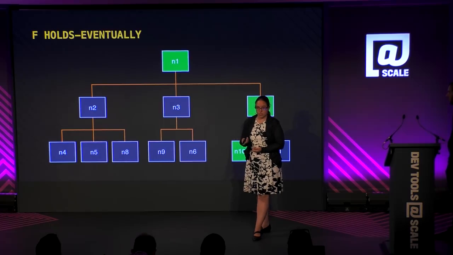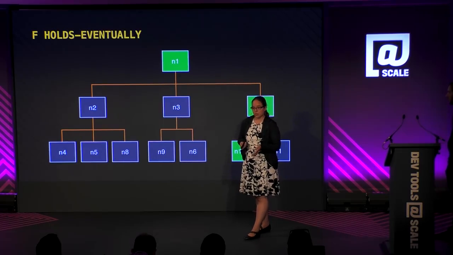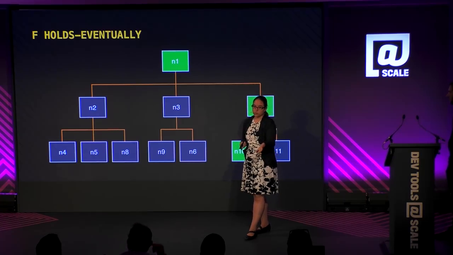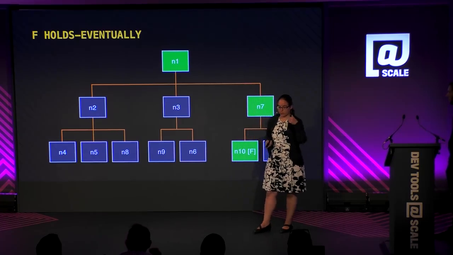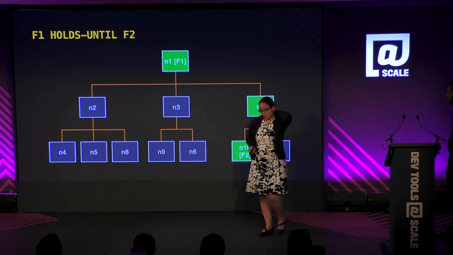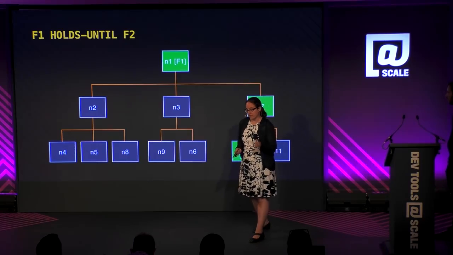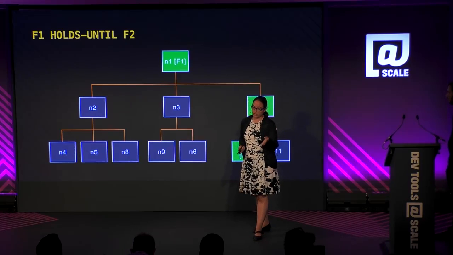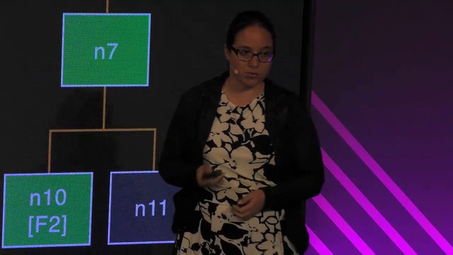Then holds eventually: there is a path where at the end of the path the formula holds. So that means the formula holds in the first node. Another one, holds until, is like the first formula F1 holds in a path all the way until another formula F2 holds.